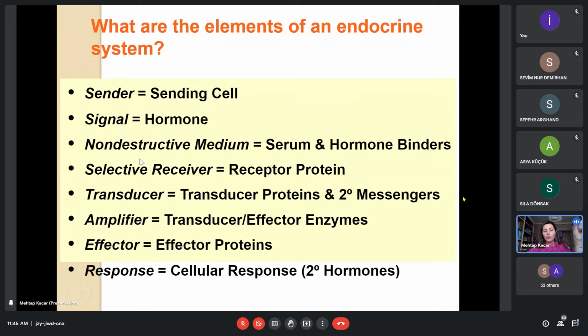And selective receiver means receptor protein, and transducer means transducer proteins. Amplifier means transducer or effector enzyme. Effector means effector proteins, and response means cellular response.